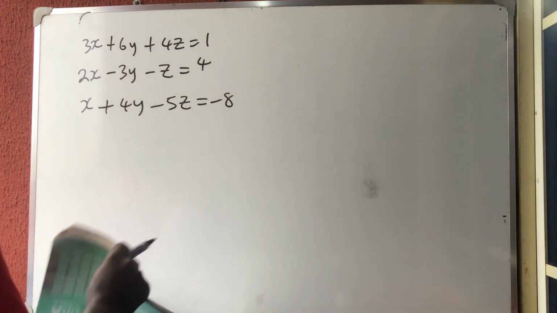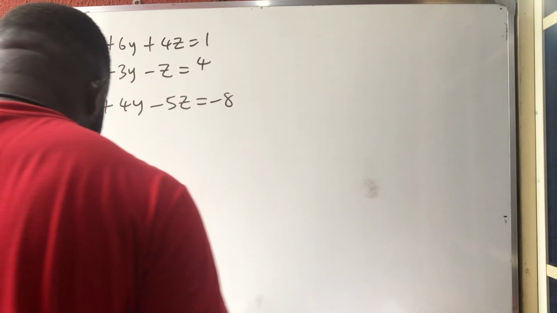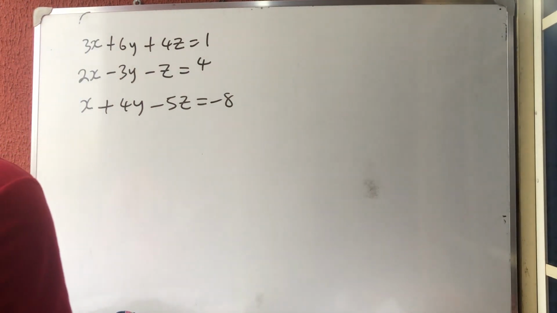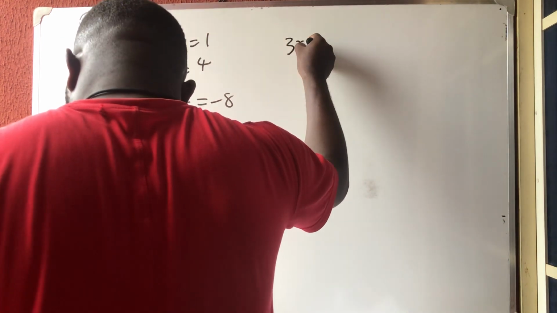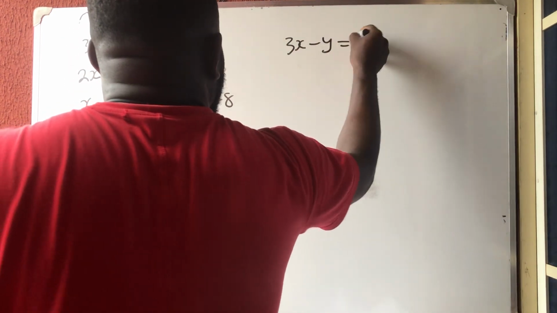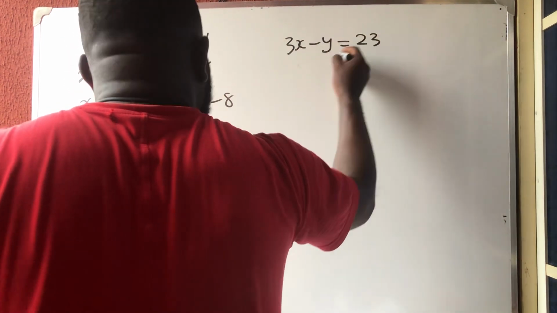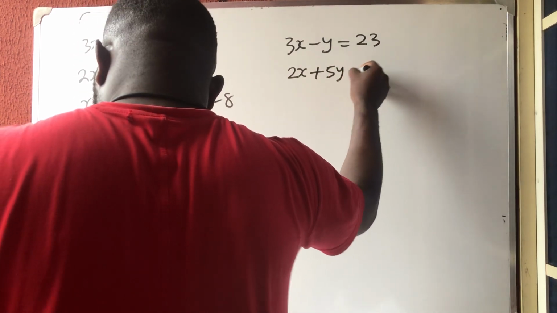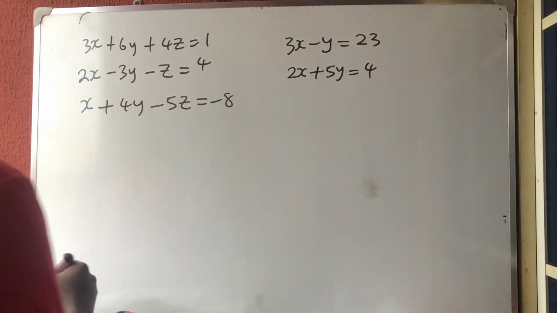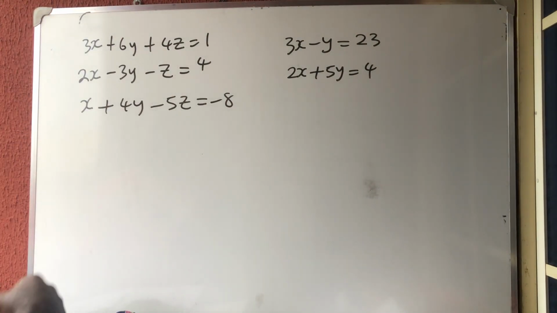Okay, so use that preferred method to solve this. And this one again: 3x minus y is equal to 23 and 2x plus 5y is equal to 4. Use your preferred method to solve these two and tell me your answer in the comment section.